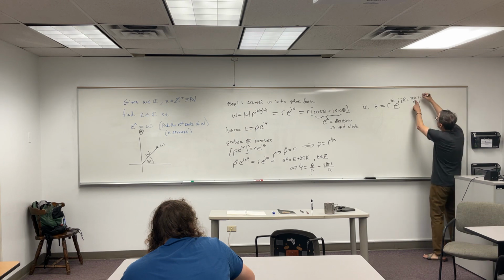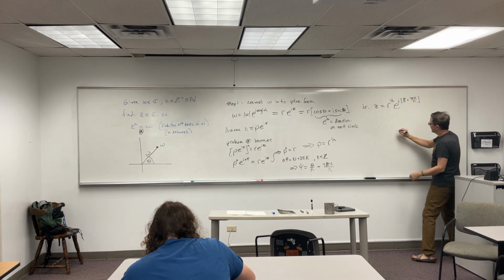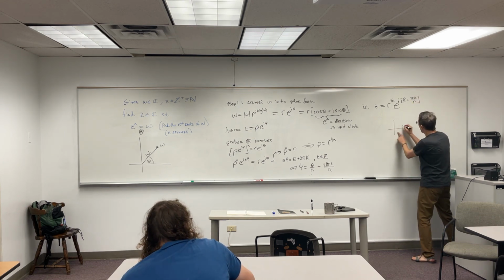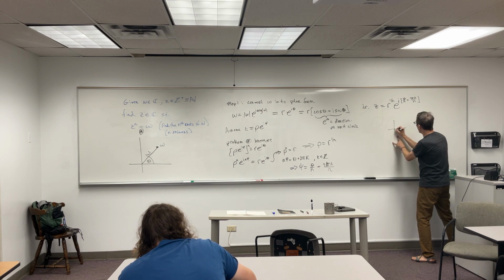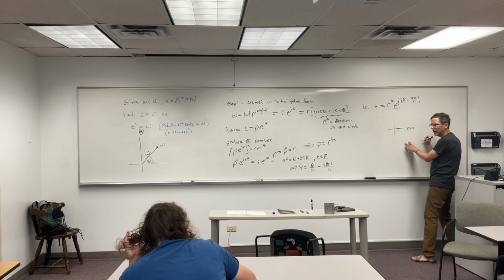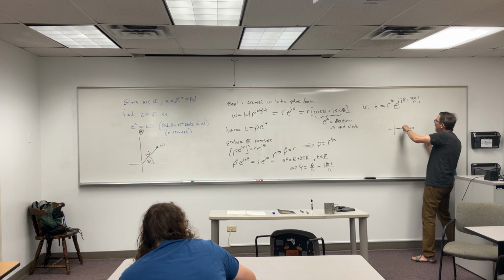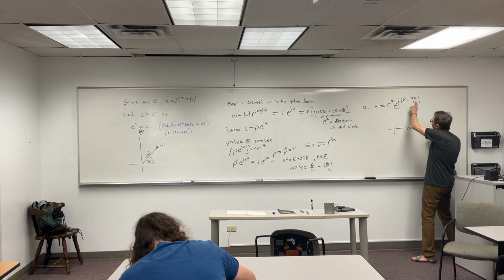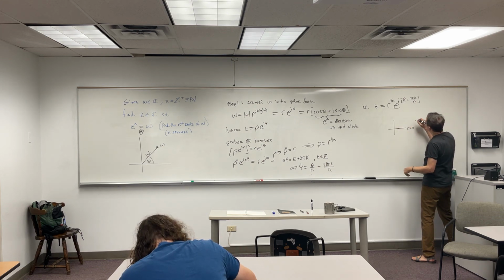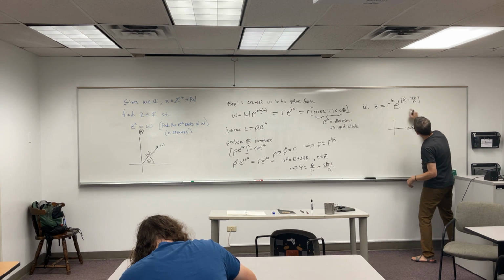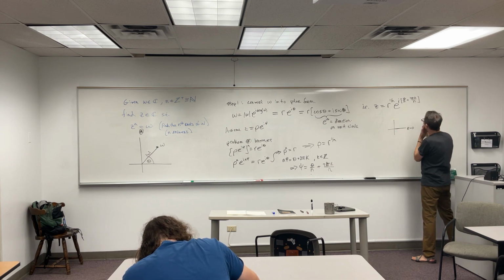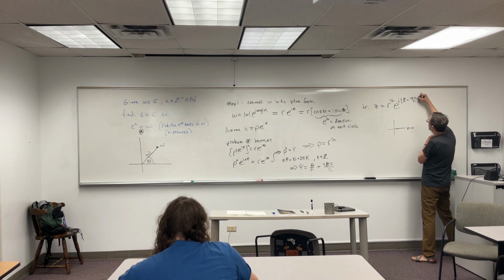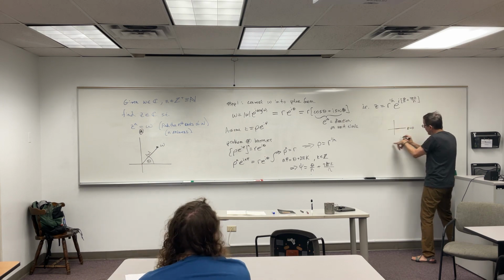Notice that when k is 0, 2 pi times 0 is just right here. So when k is 0, it's right here. What does k have to get? Do you see that by the time k gets back to n, we've actually made it a full way around?